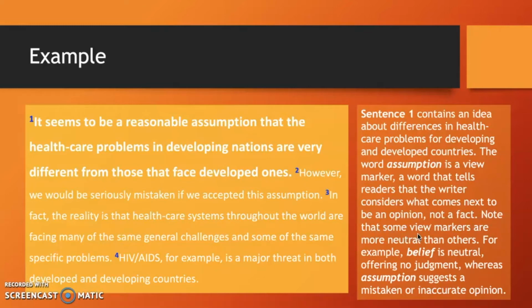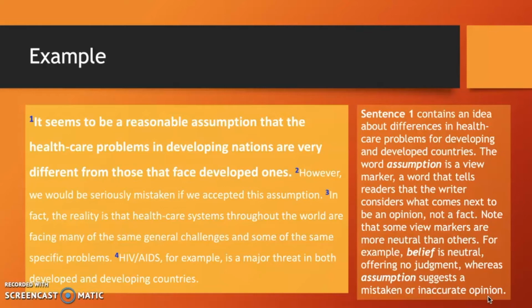Note that some view markers are more neutral than others. For example, belief is neutral, offering no judgment, whereas assumption suggests a mistaken or inaccurate opinion.